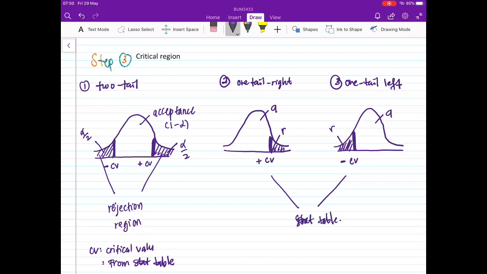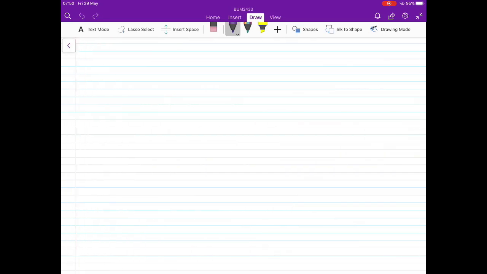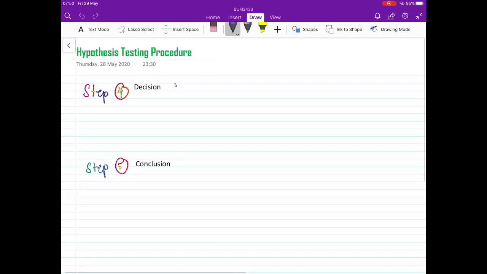So next step, after you have found your critical region and your critical value, you want to decide. You will go for step number 4, your decision. How do you make the decision? In the decision, we make a decision based on the H null.